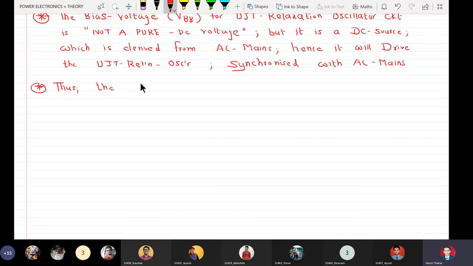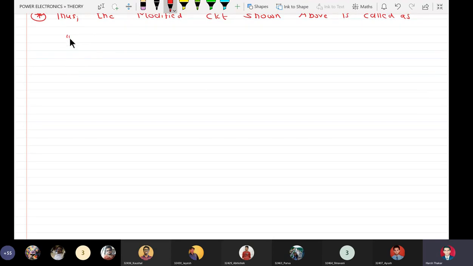Thus the modified circuit shown above is called as synchronized UJT triggering circuit.